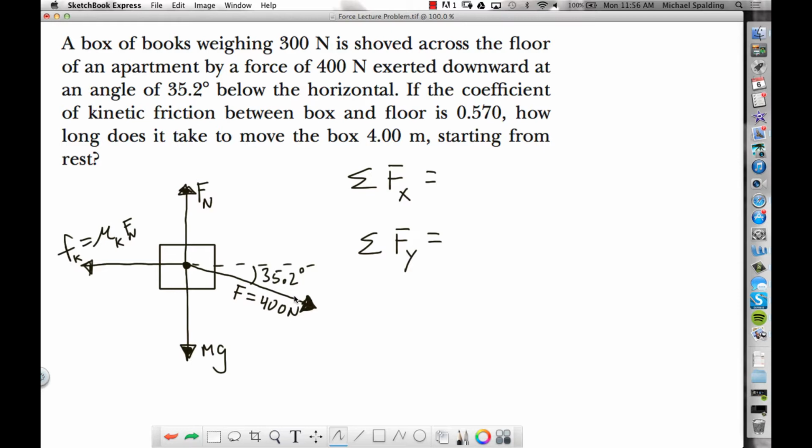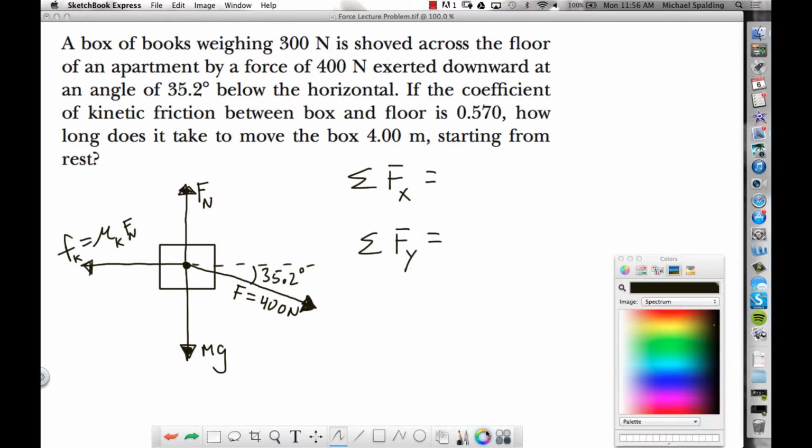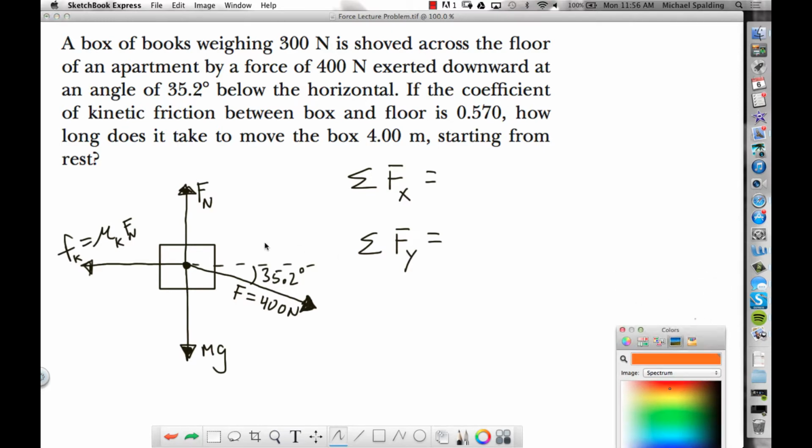Okay, so what I'm going to do, I'm going to show the components of this 400 Newton force. So this represents the X component of the 400. This represents the Y component of the 400.